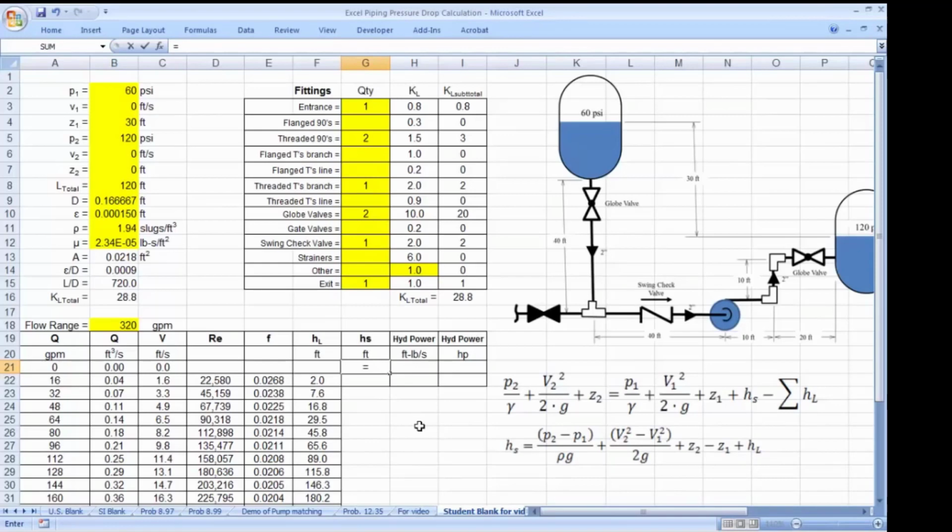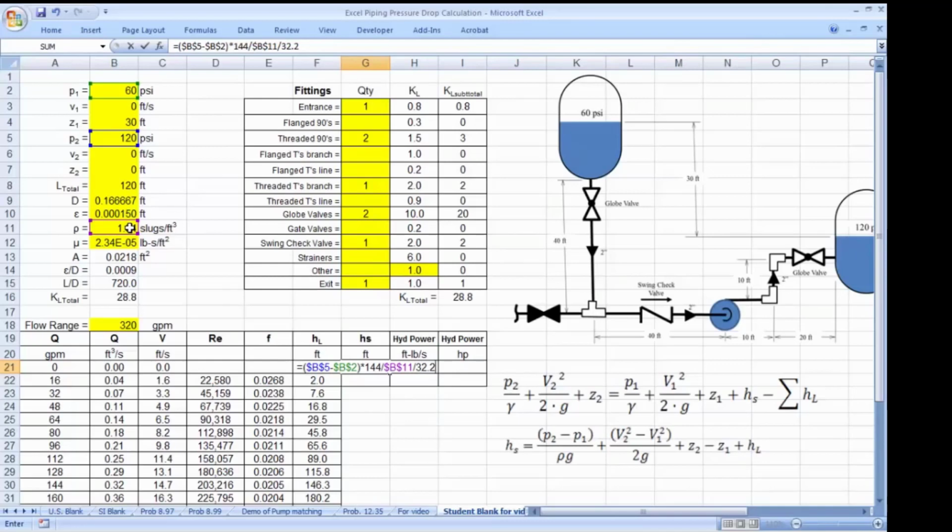So I'll say this is going to be equal to the quantity of P2 as an F4, and then minus the P1 F4, and then that whole thing is going to be times 144, so that makes sense. And it's going to be divided by the density with an F4, and also divided by 32.2, because we actually divide by the specific weight, but we use the density and gravity, so we get this.